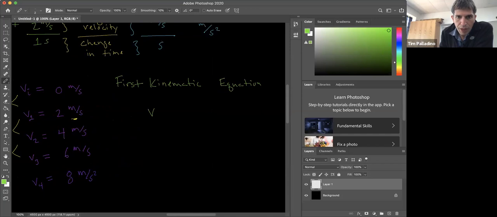We have our final velocity, and I'll write these terms down in a moment. That's going to equal whatever our initial velocity is, plus acceleration times the change in time. So I'm going to write what these mean.